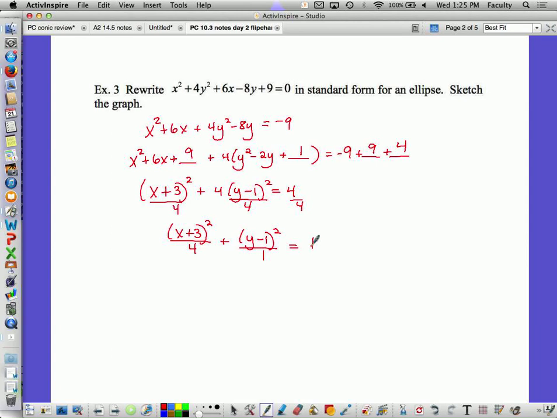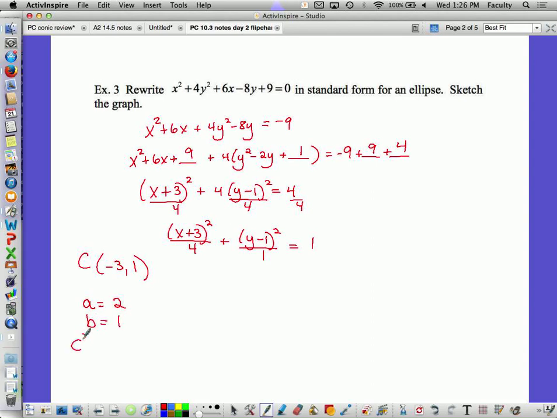I can identify, it does say sketch it, so when we sketch it, we're going to do the center, the vertices, co-vertices, foci. So the center is at negative 3, 1. What's A? 2. What's B? 1.